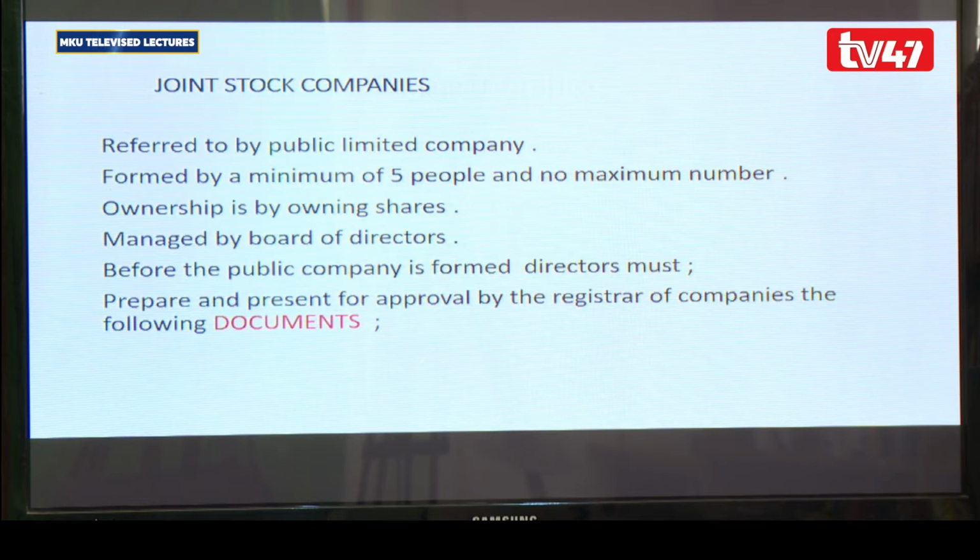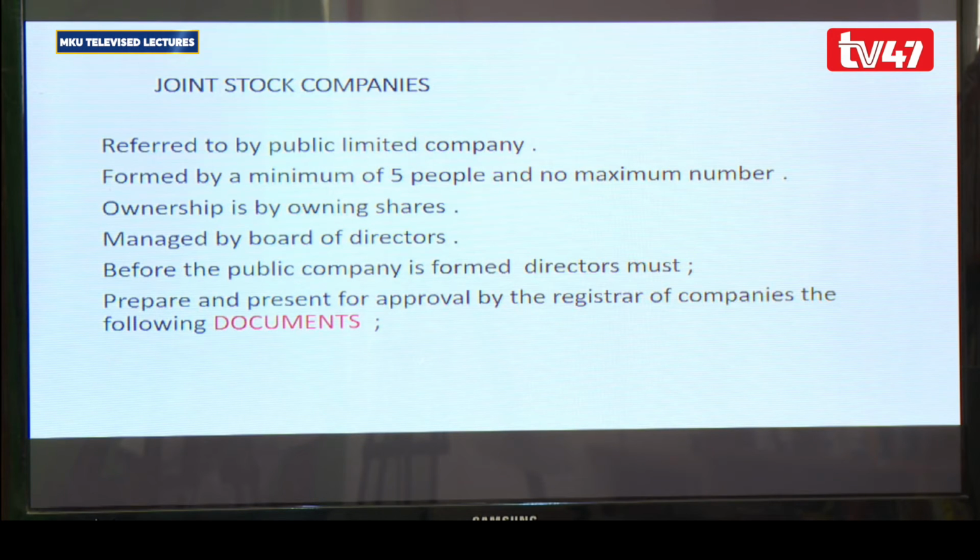Let's go to our third kind of business organization, which we call a joint stock company. It's called joint stock because so many people whom we are calling shareholders are jointly owning the stocks in this company. It is also referred to as a public limited company.